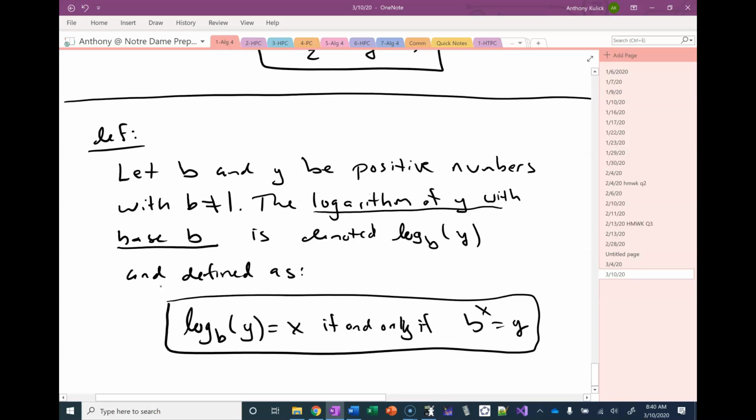So we say let b and y be positive numbers where b is not equal to 1. The logarithm of y with base b is denoted log subscript b of y. And it's defined as log base b of y is equal to x if and only if b to the x is equal to y.